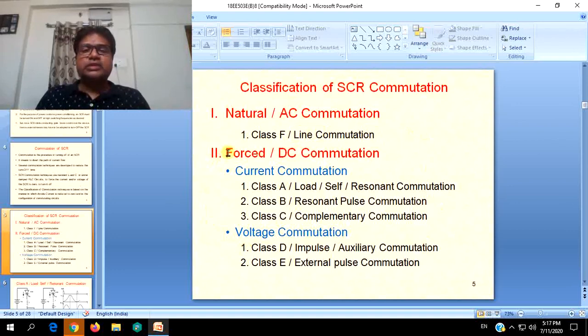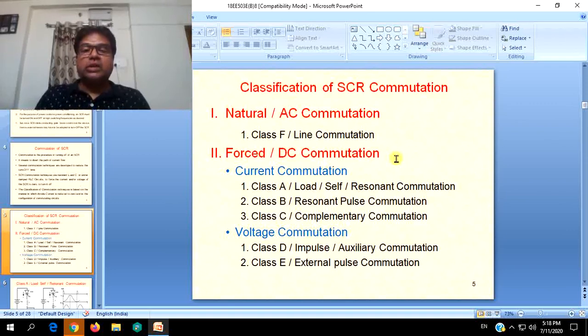The next one is DC commutation, where the source voltage is DC, in which the DC voltage and DC current are both constant. They will not become zero until the source is cut off or we do something to cut off those voltages and currents so that they will not flow into the load.